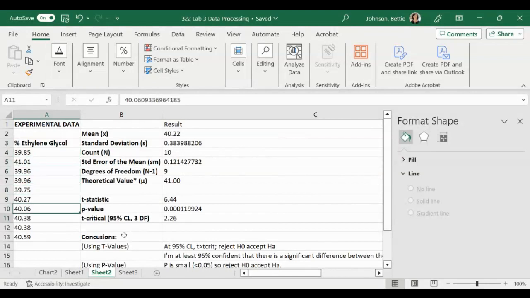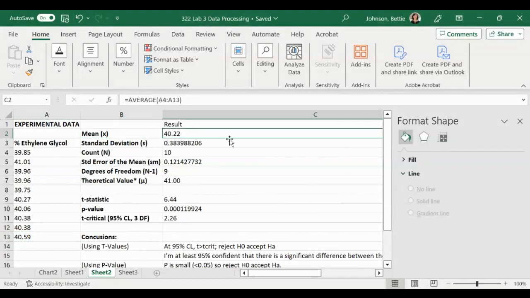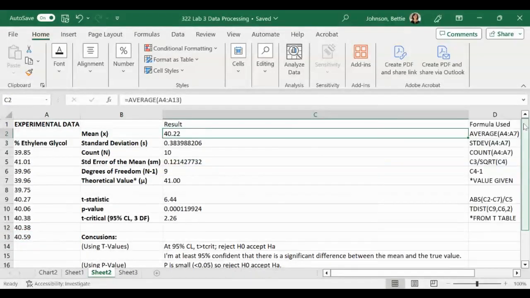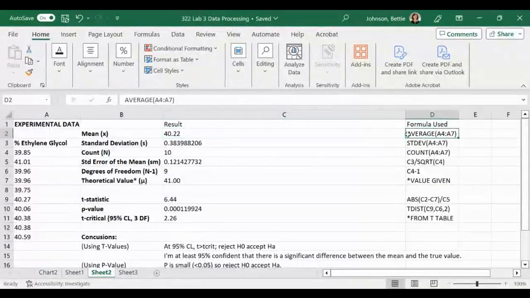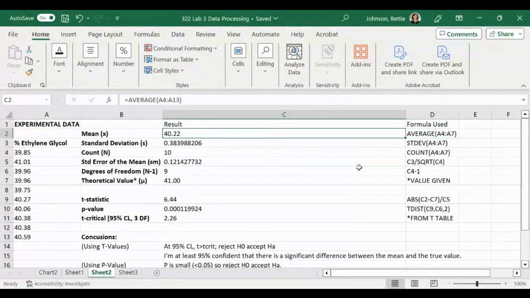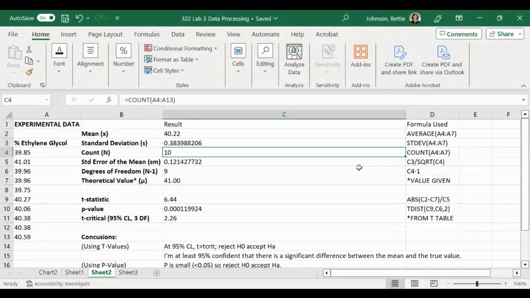I've put in all of the calculated 10 replicates of the percent ethylene glycol, and they average to be 40.22. What I've also done here is I have written the formula over on the right. This is kind of a standard spreadsheet I use for doing t-tests. We have the standard deviation of the data set. We know how to do that.